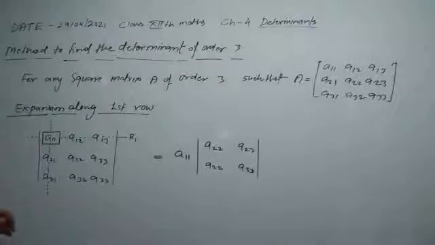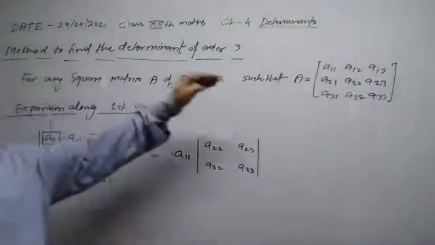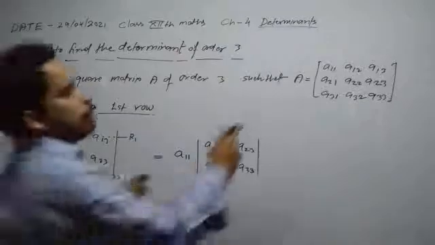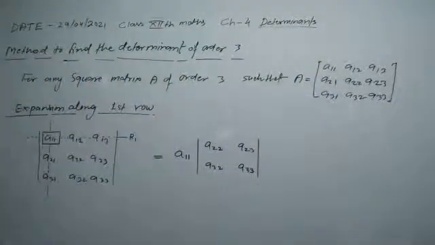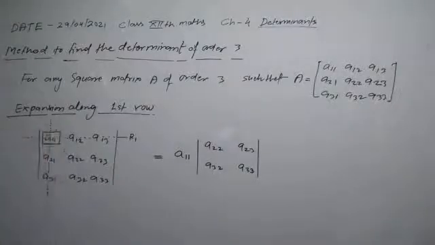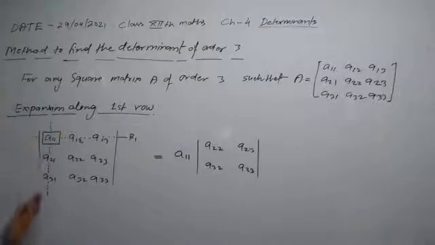See, when you expand the matrix using first row, there are three elements in first row, that is A11, A12 and A13. So first of all I will see A11. A11 is the intersection of first row and first column.